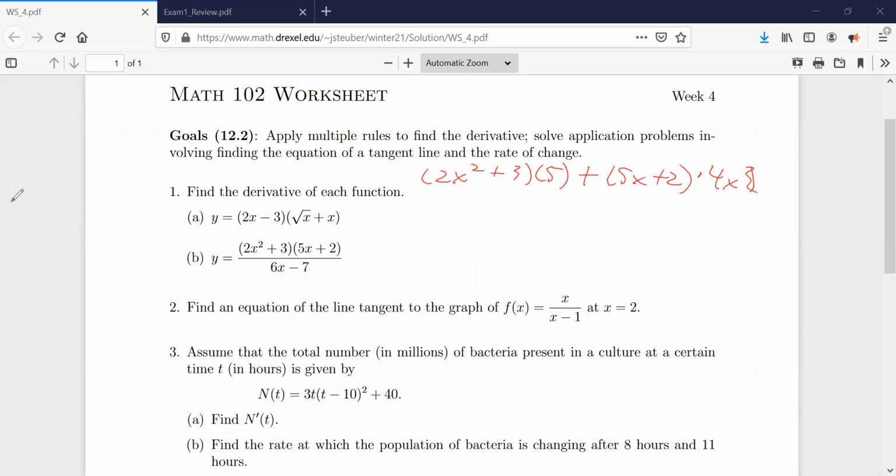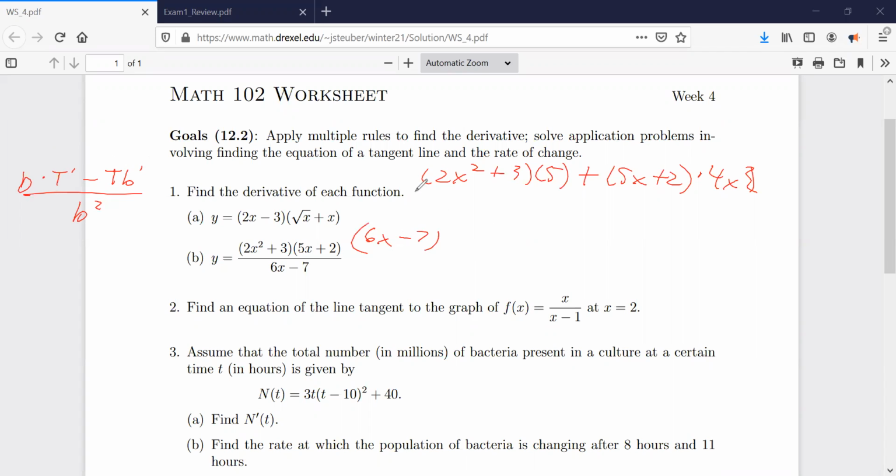And now what's the quotient rule? It's going to be bottom times top prime minus top times bottom prime, all over bottom squared, right? So the bottom is 6x minus 7.